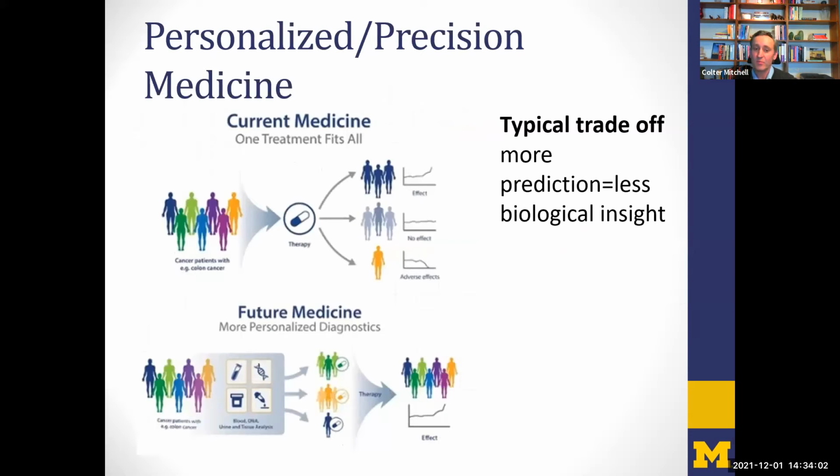This is a lot of what personalized and precision medicine is based on, which maybe should scare you a little bit, because it's not as predictive in some populations as it is in others. Keep in mind that the typical trade-off is the higher the prediction, the less the biological insight.